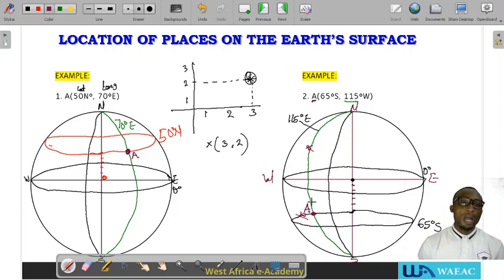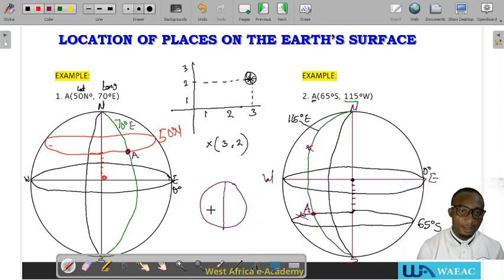So this is how to locate a point on the earth surface. It is very simple. Just believe you can do it and demonstrate it. The first thing, you need to draw your circle, which represents the earth surface. Introduce your polar axis and your west east axis.